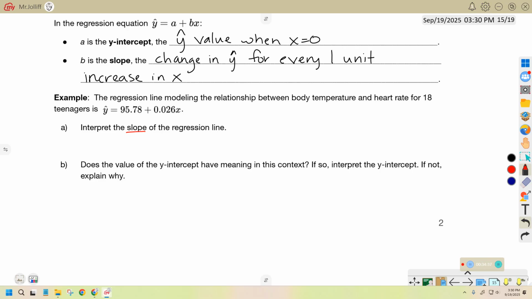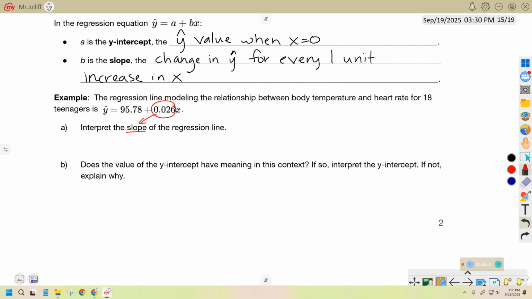Tempting. It's the first one we see. Which one is the coefficient on the x? Which one's being multiplied by x? 0.026, yeah. So slope's the teeny one in front of the x. Good.